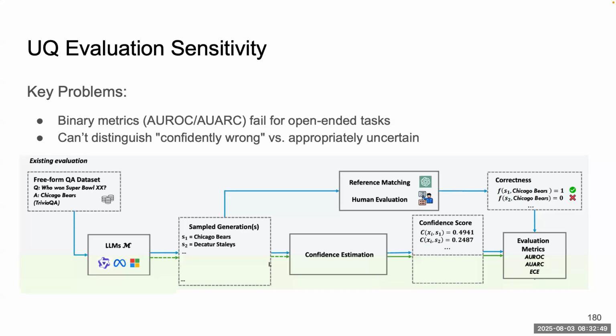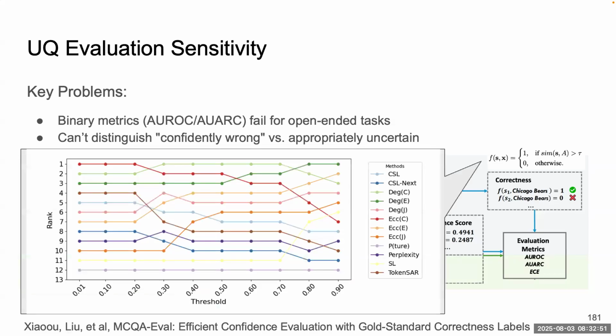You're having this function here, but this function usually has a cutting threshold. If the similarity between the generated answer and the golden answer is larger than the threshold, they consider it as 1. Otherwise, it's considered as 0. But you can see in this figure, the x-axis is the changing of this threshold, and the lines are different uncertainty quantification methods.